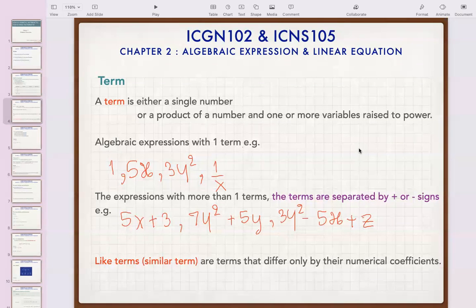These are examples of expressions with more than one term. We use only plus or minus symbols, because otherwise, if you have 5x squared times x, it is one term, because finally you get 5x cubed. It is one term, not multiple terms. So that's why if you have an algebraic expression with more than one term, normally they are separated by plus or minus signs.